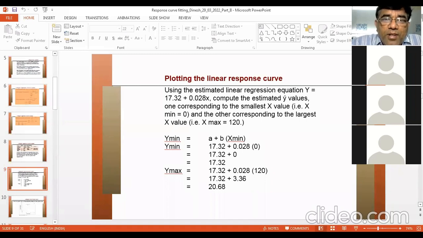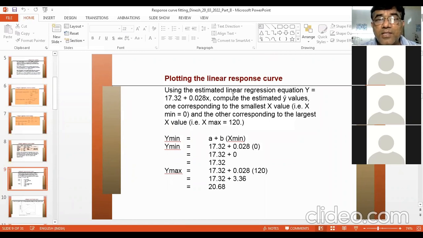Therefore, if you calculate the value of y when x is 0 and the value of y when x is maximum, just by having these 2 data points, y at 0 and y max, you can plot the equation. Plotting means making the graph, or representing your data on the chart.